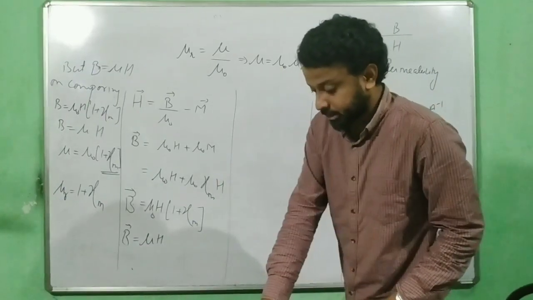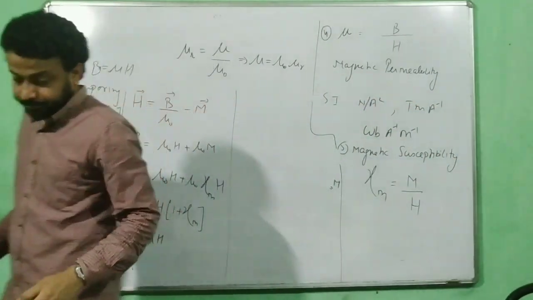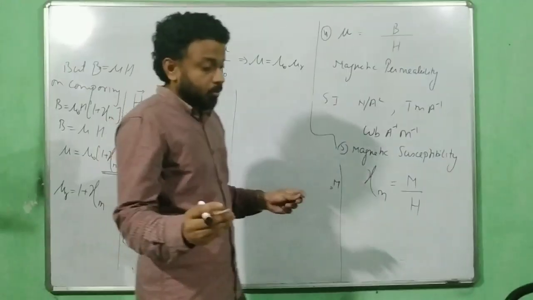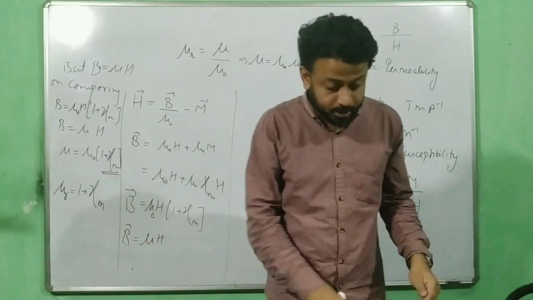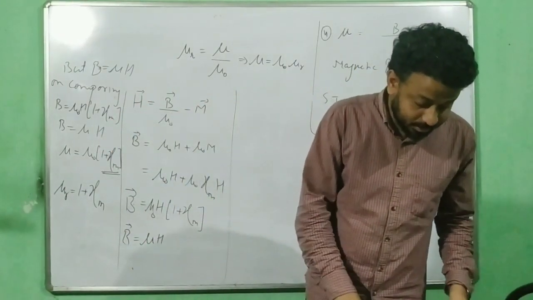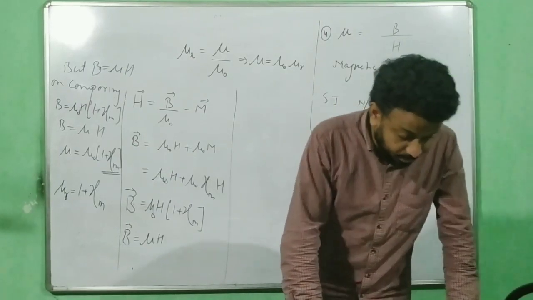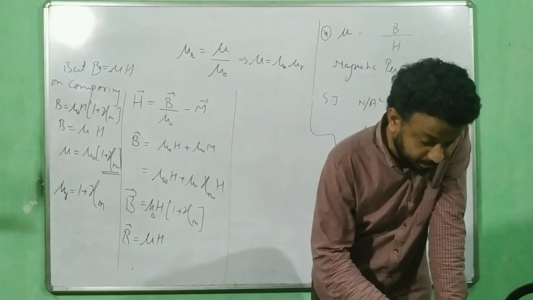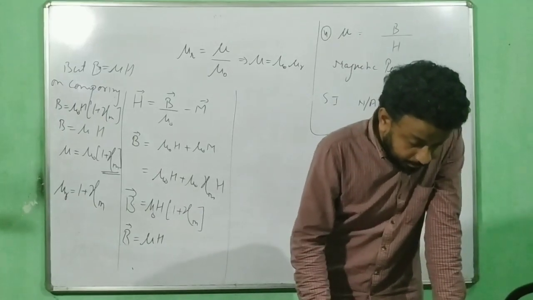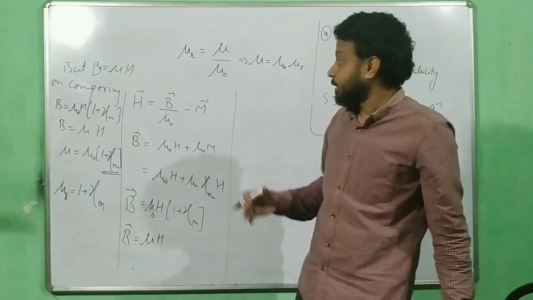And now the question which is very prominent: what is the estimated order of xi and mu for magnetic substances like diamagnetic, paramagnetic, and ferromagnetic?